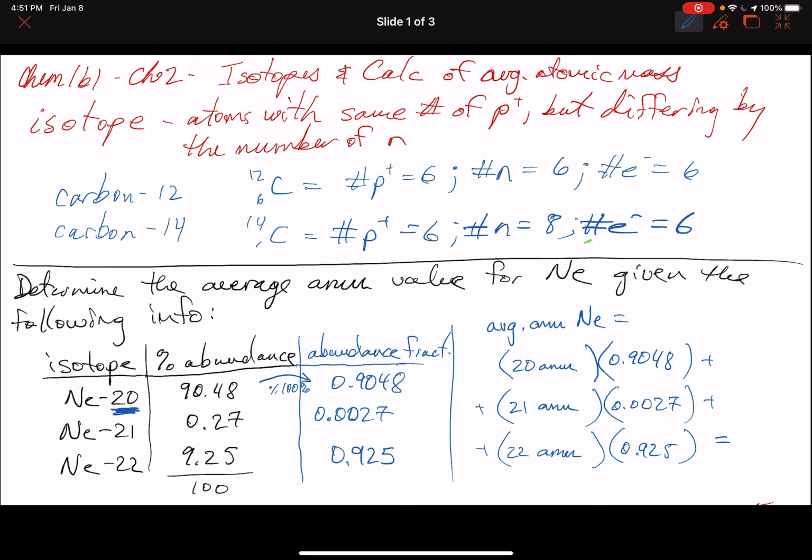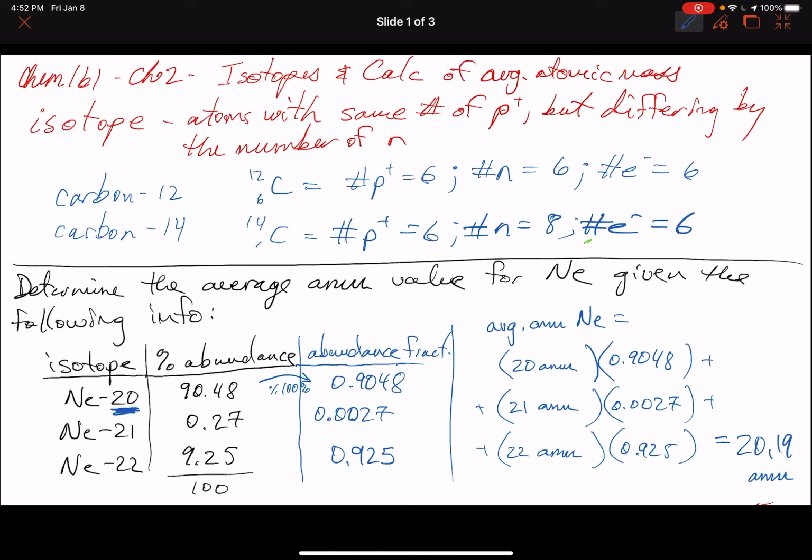And that's 0.0567 added to that first value, plus our final set of terms, which is going to be 22 times 0.925. And we get a value here for our total answer of 20.19 AMU.